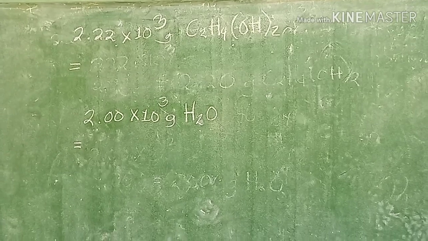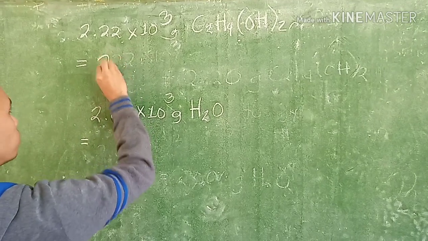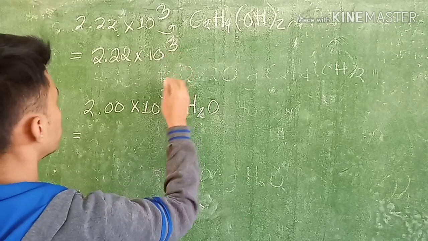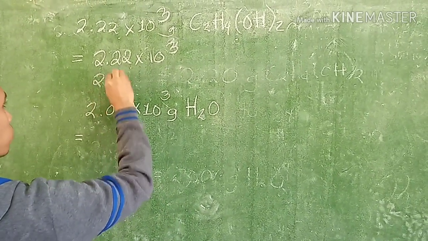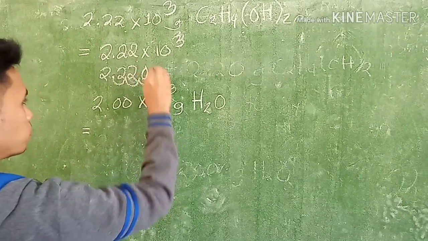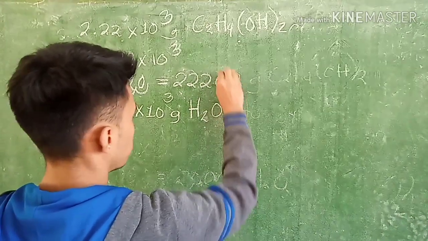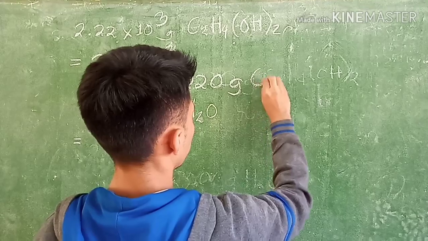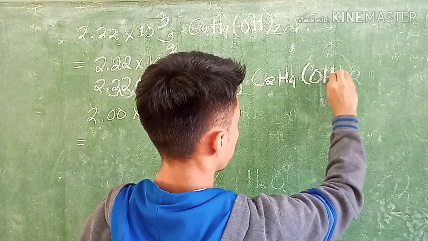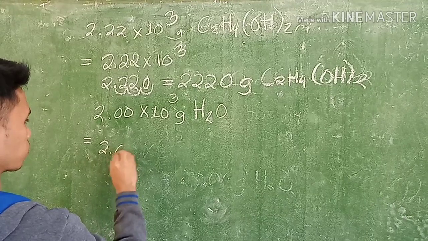So we need to move the decimal to the right because the exponent is positive. Same process for H2O.